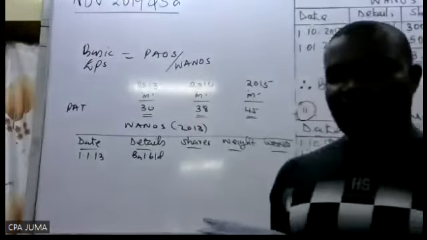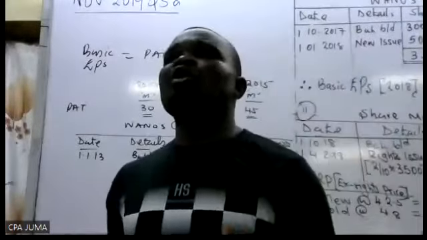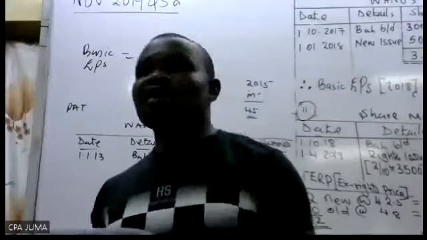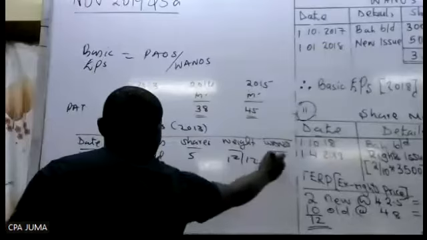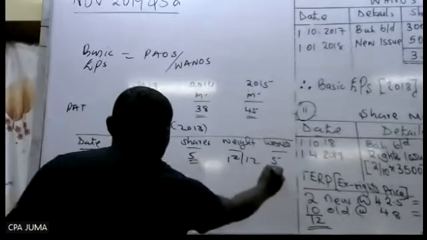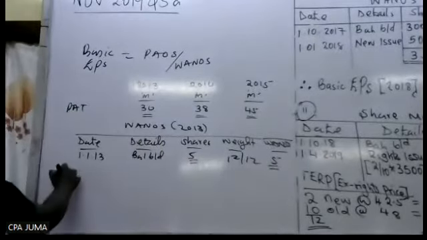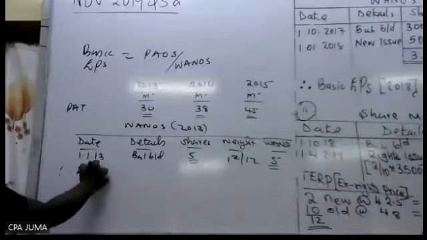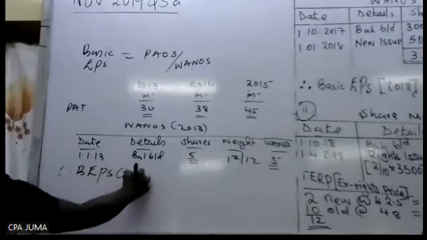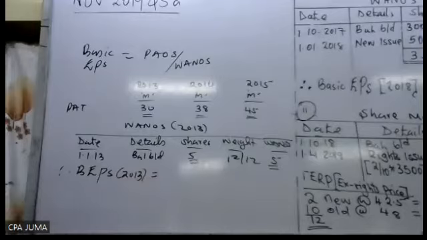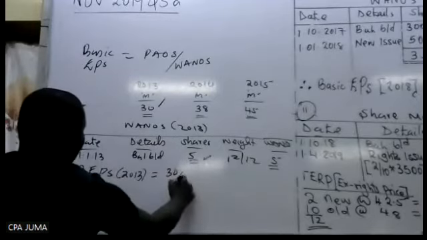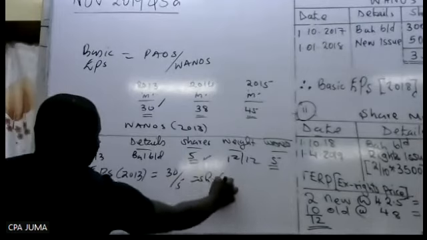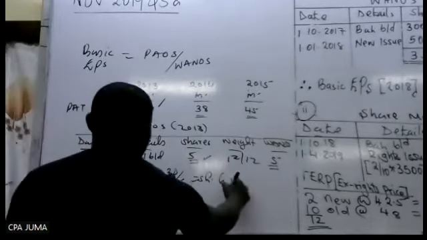So even for 2013, it is 5. 12 over 12, 5. Therefore, basic EPS 2013 will be the profit, which is 30, divided by 5, giving you 6 shillings per share.